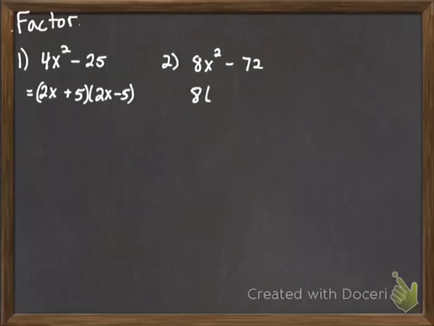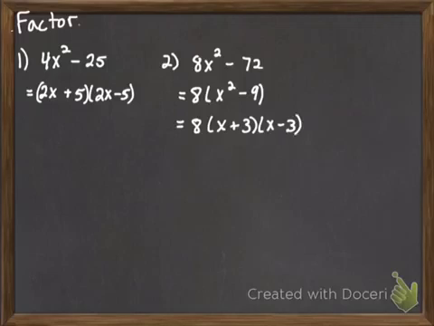So let's take the 8 out. And when we do so, we now find we're left with x squared minus 9. Well, x squared minus 9, that is a difference of squares. So again, we can write down what I square to get x, what I square to get 9, and write it down as plus and minus. And that's generally how factoring a difference of squares works.